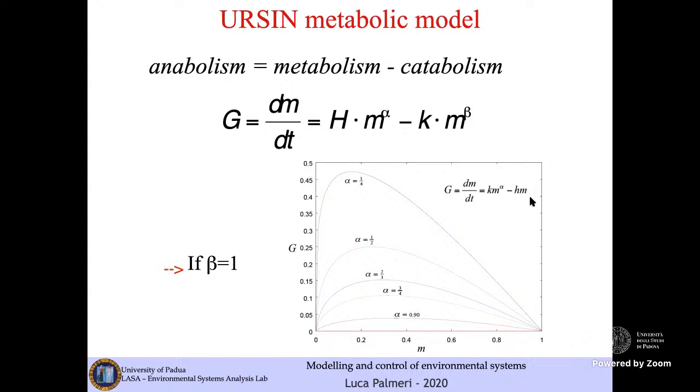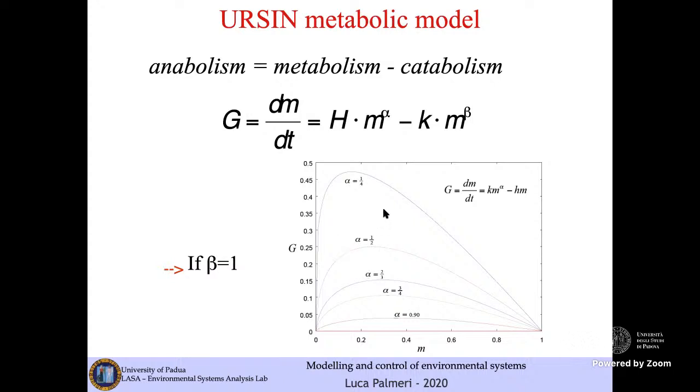In this case, we are in the case in which the second exponent is larger than the first exponent. So we are in a limited growth condition. Depending on the value of the first exponent, the exponent of growth, maybe 1/4, 1/2, 2/3, 3/4, and so on, we have completely different growth behaviors.